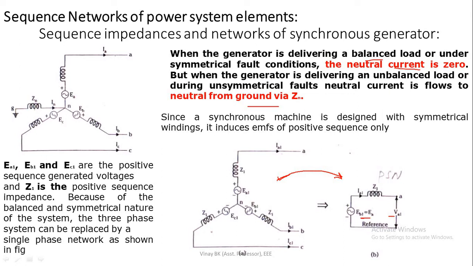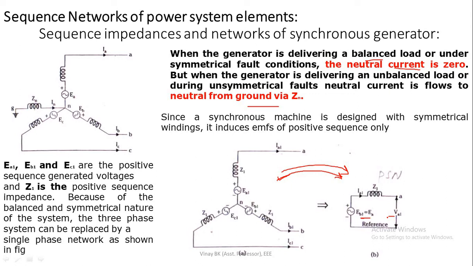If you want to represent three-phase as single-phase, the condition is that the circuit is balanced and has a phase difference of 120 degrees. So EA1, EB1, EC1 are the positive sequence generated voltages and Z1 is the positive sequence impedance. Because of the balanced and symmetrical nature of the system, three-phase can be replaced by single-phase.